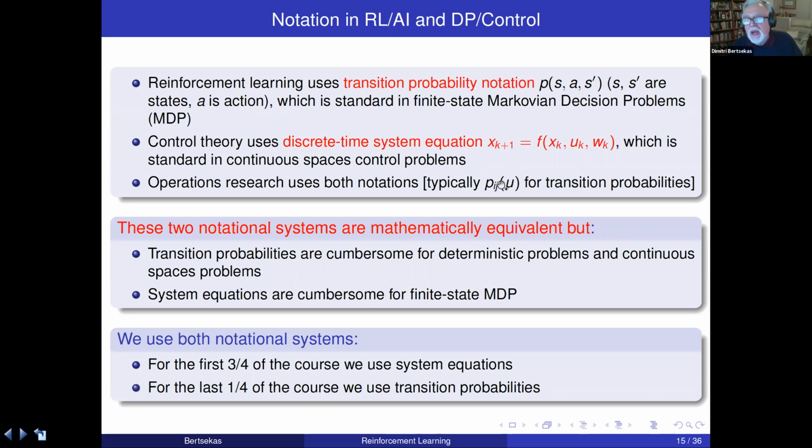We're going to use this Pij of U notation because there we're going to focus substantially on Markovian decision problems. And this type of notation is more convenient and more functional, mathematically speaking, than the system equation notation.